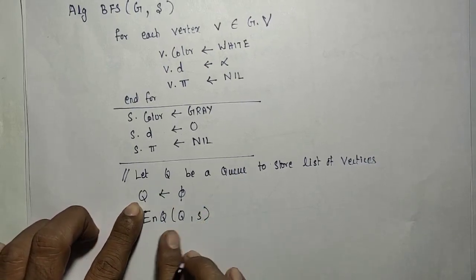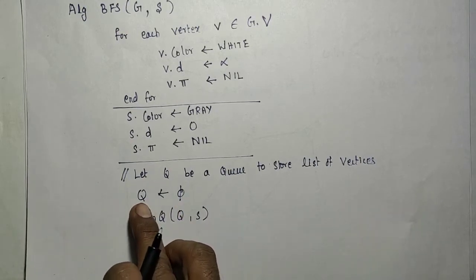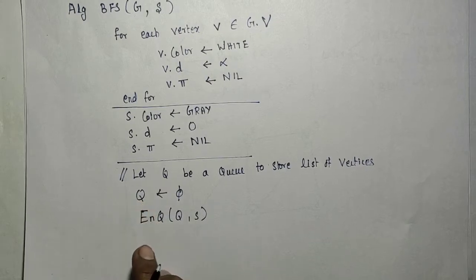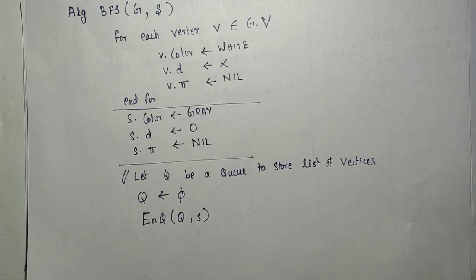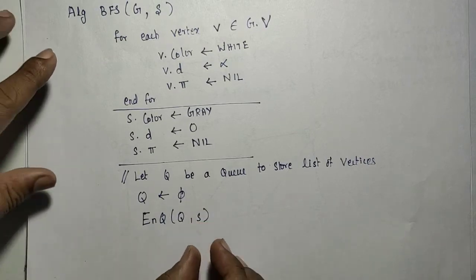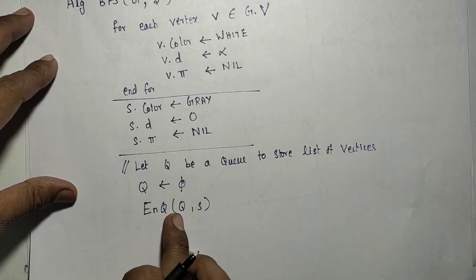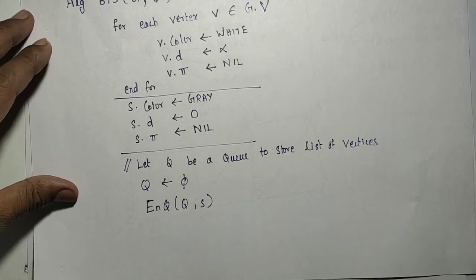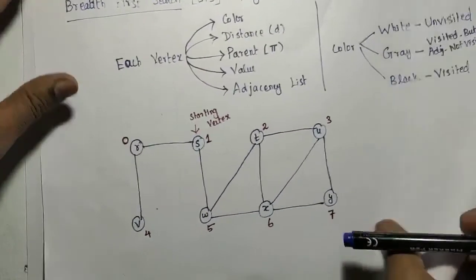When you convert that into code, you need to use the existing data structure Q, and then q dot insert or enqueue of S, using the corresponding syntax. Here, from the algorithm point of view, S is inserted into that Q. So we need to maintain a queue here.